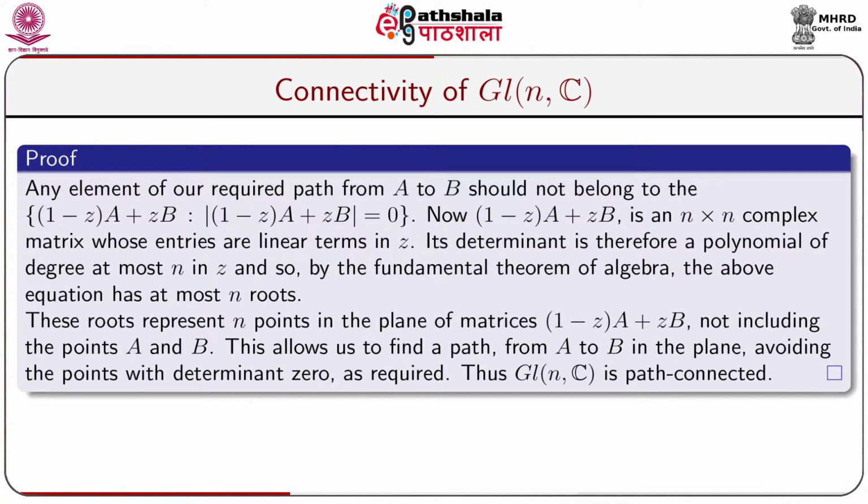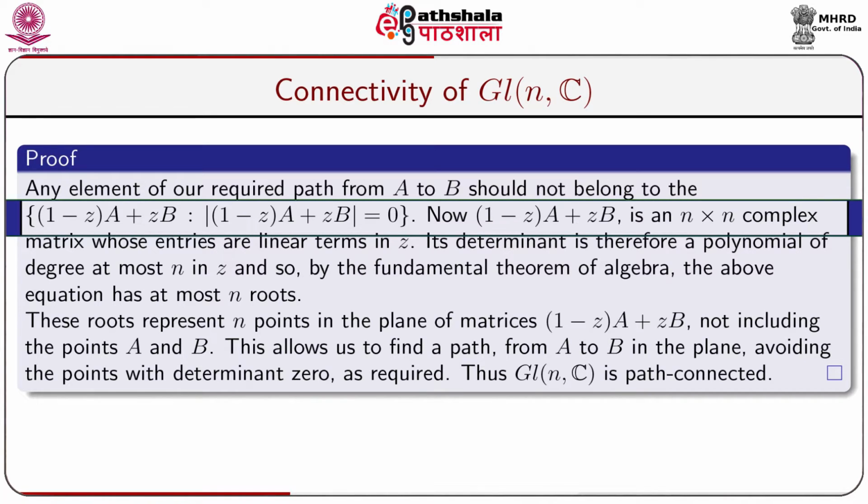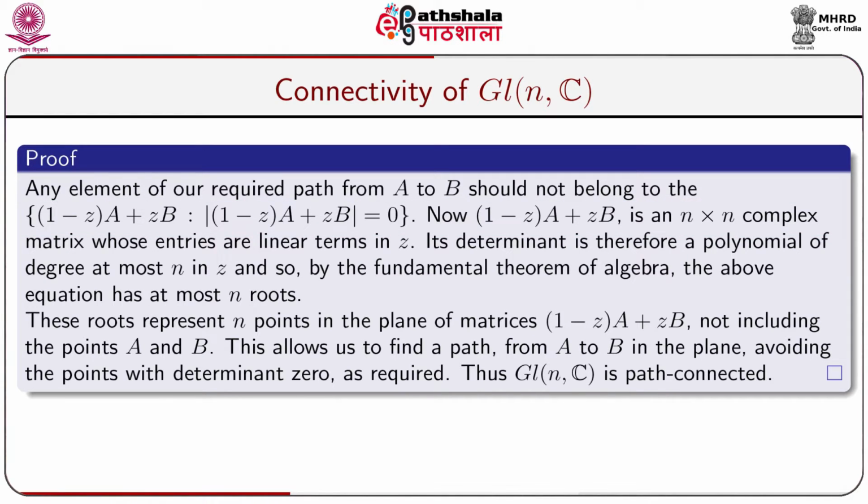Now, any element of our required path from A to B should not be such that the determinant of (1 minus z)A plus zB is equal to 0. That means for our required path, no matrix in that path will have zero determinant.